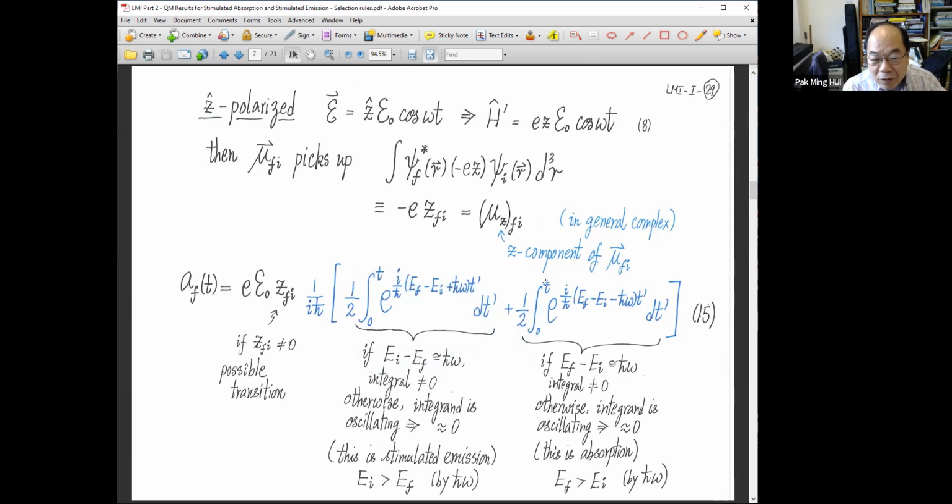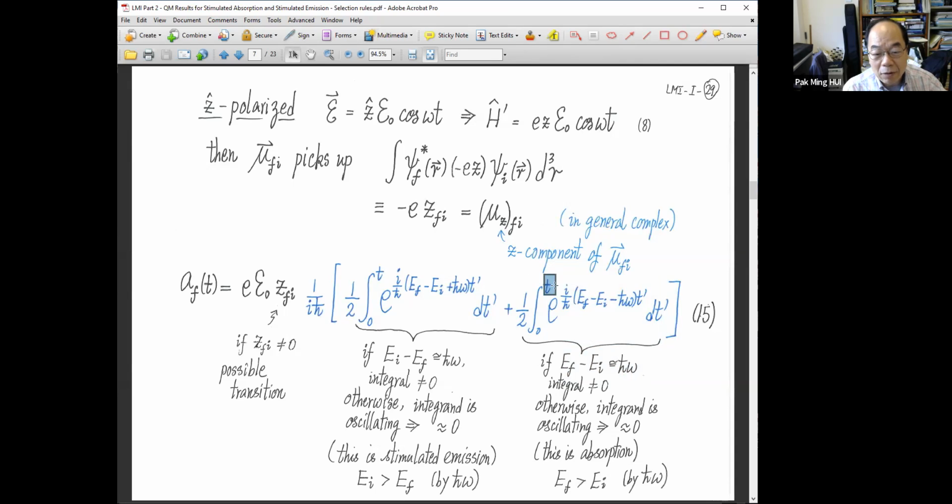Now, for the second term, same argument. Only when this is 0, that is to say, final is above initial and the difference is equal to your incident h bar omega. Otherwise, if it is not such condition, this thing is oscillating, you integrate over reasonably long time, it is 0.